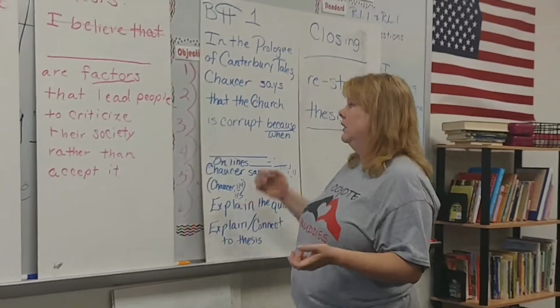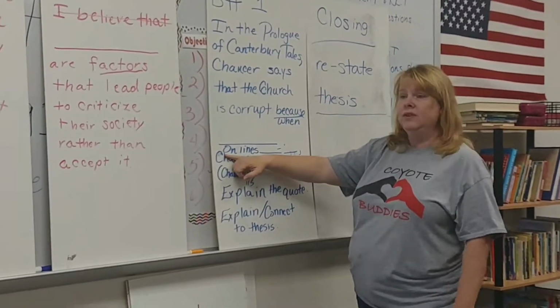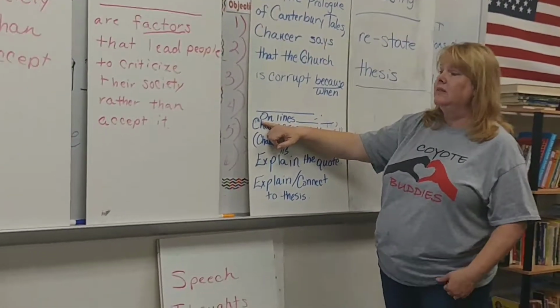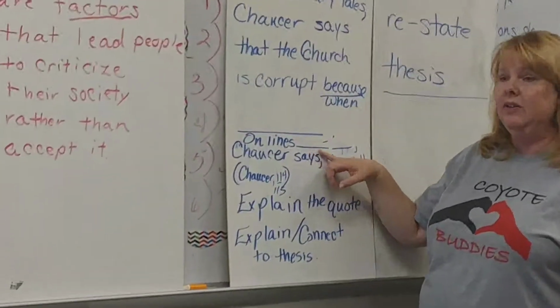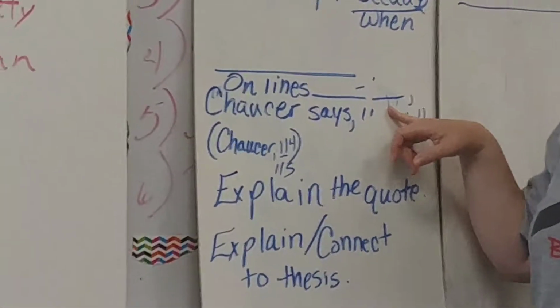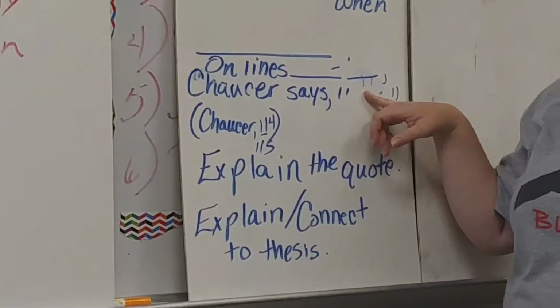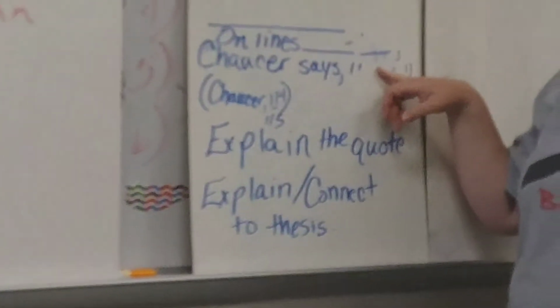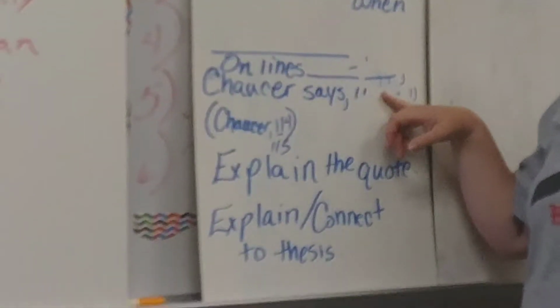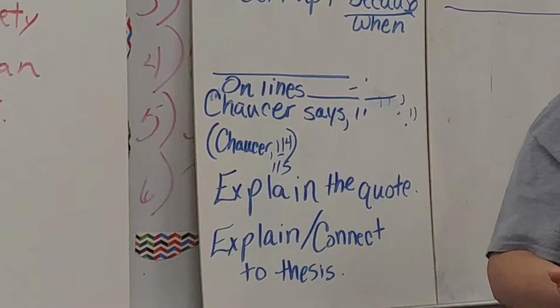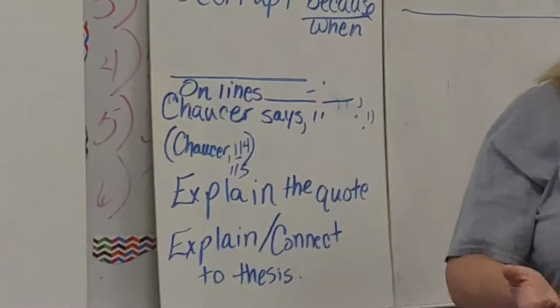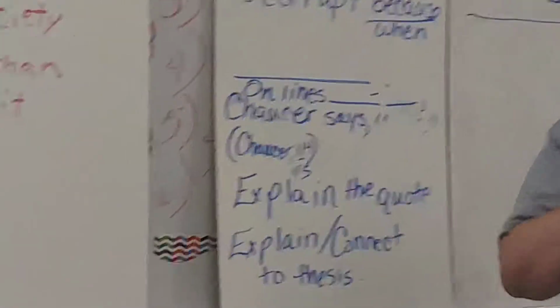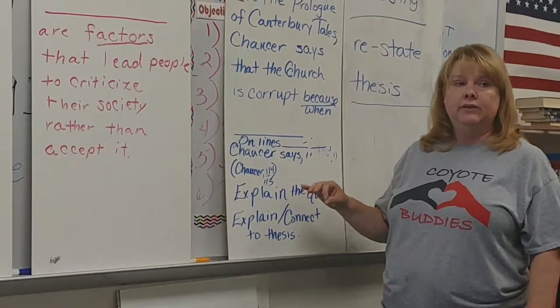Okay? So then for the second line, when we're talking about evidence, on lines blank through blank. Why do we need to put lines in there? So we can go back and look at it. And we need to what, to our evidence? Cite it. We need to cite our evidence. So we need to say where we got our stuff, right?